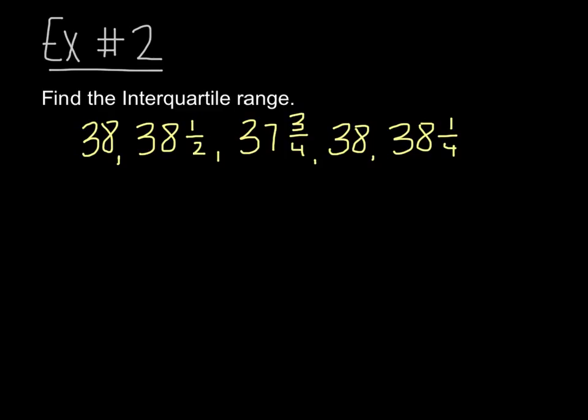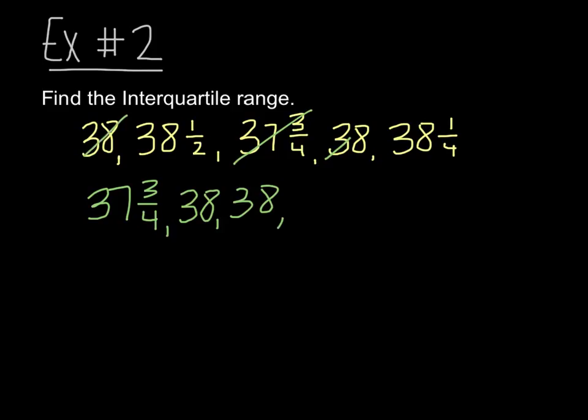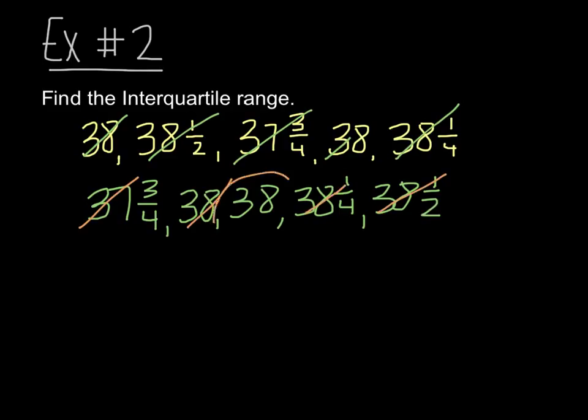Put them in order, least to greatest: 37 3/4, 38, 38, 38 1/4, and 38 1/2. Cross them off until you get to the number in the middle, which is 38. So there's our median.